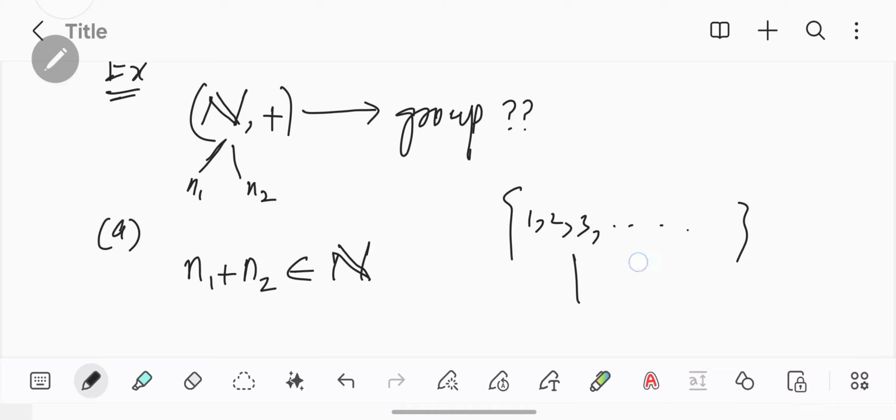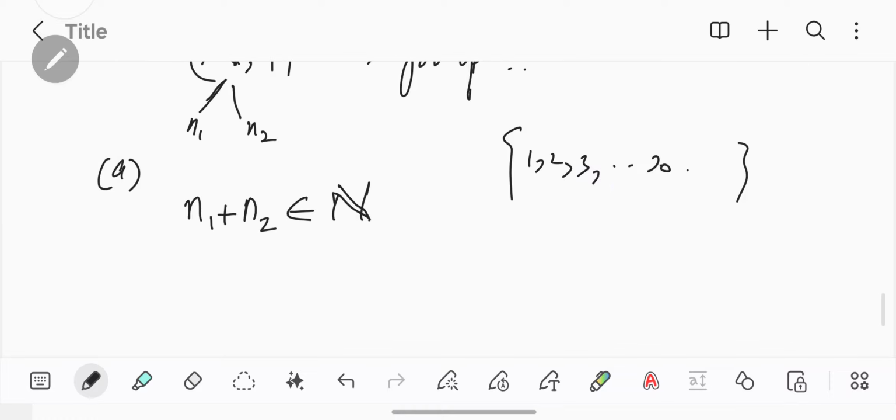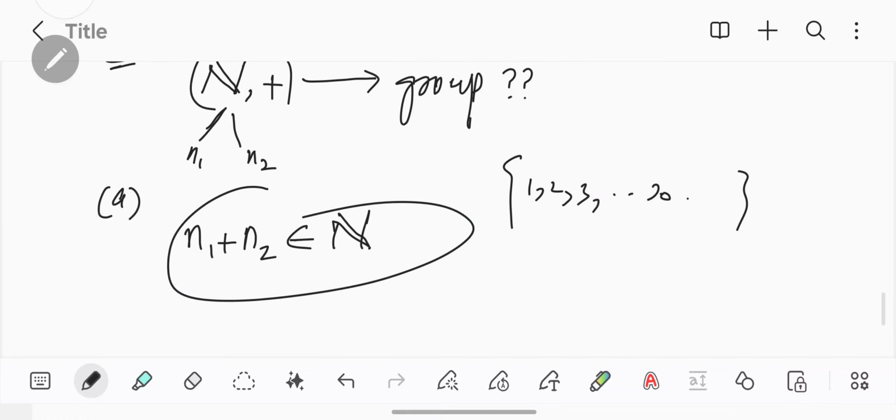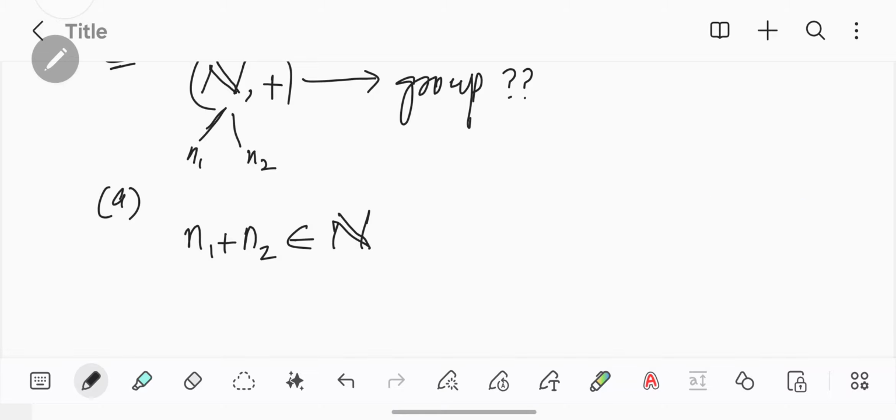If you take any two numbers from here and add them, for example 20 and 3, you will get 23. That means if you add any two natural numbers in this set, you will get a new natural number which will be somewhere in the coming integers, right?